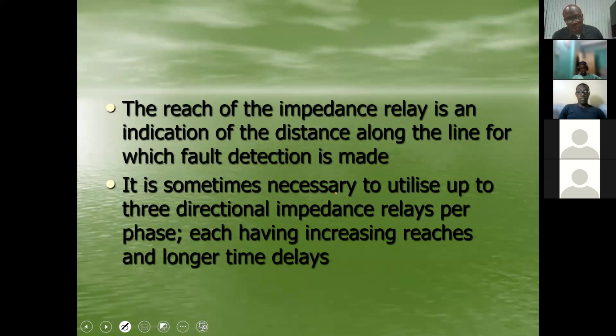Now, here is the beauty of the static relay over the electromechanical. When you're using your electromechanical, for you to cover a three-phase line, and if you were going to look at each phase, then you'll have to have a relay per phase. So you'll basically end up with 6 on each line if you're going to monitor all 3 lines.